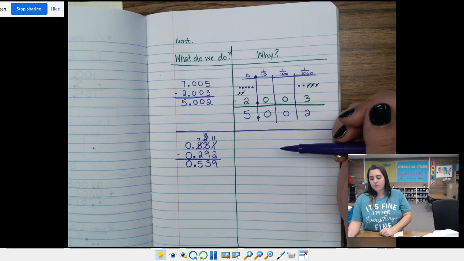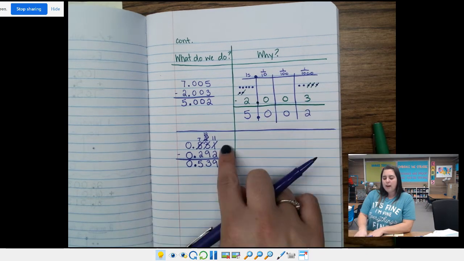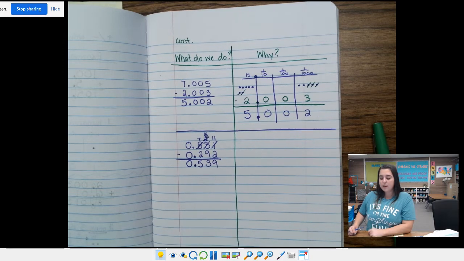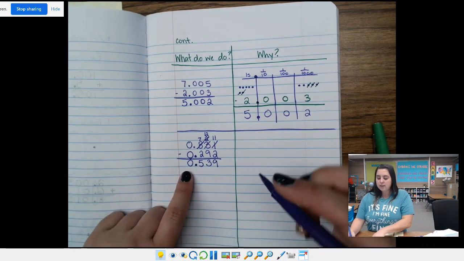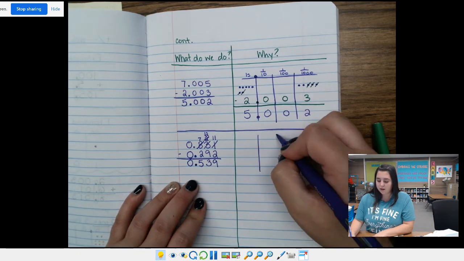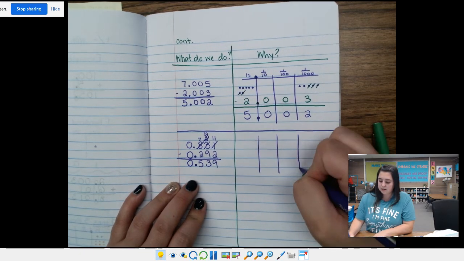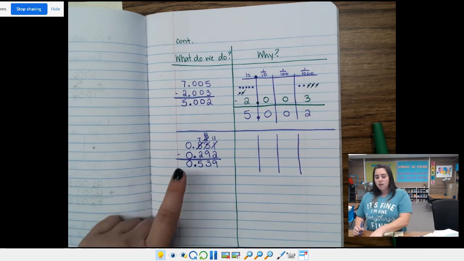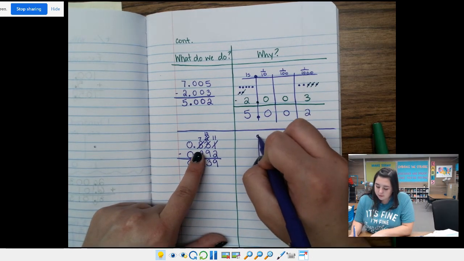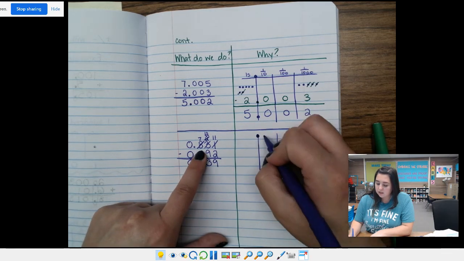Okay, let's talk about why this works. Why does the borrowing, or regrouping, work? So I'm going to make the same thing I did up here. I don't think I'm going to label it this time because I have them labeled up here. I'm just going to extend these lines. The number we started with, I'm going to put my decimal here, had 8 in the tenths place.